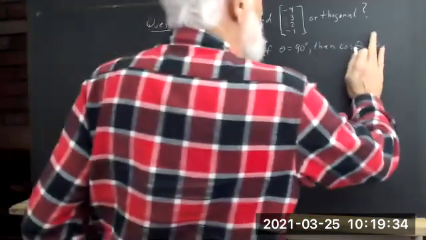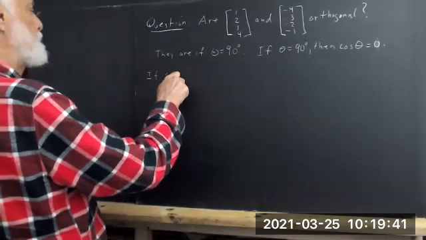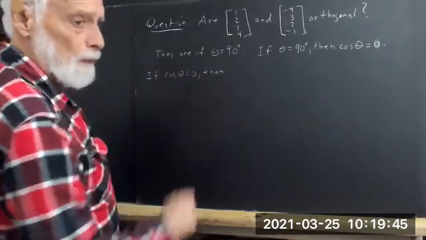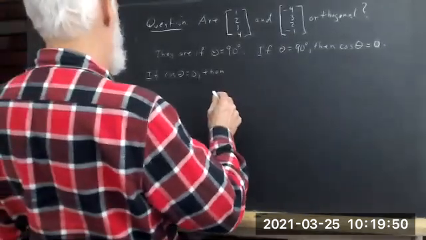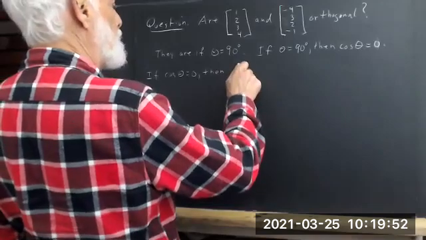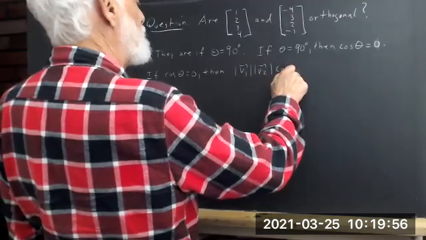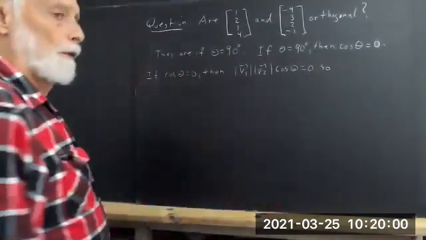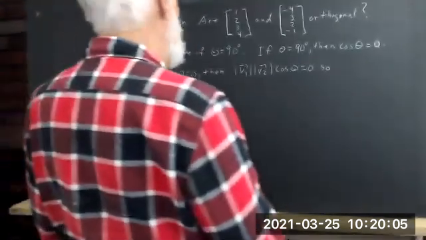Well, if theta is 90 degrees, then cosine theta is 0. Well, if the cosine of theta is 0, then magnitude of V1 times magnitude of V2 times the cosine theta is 0.